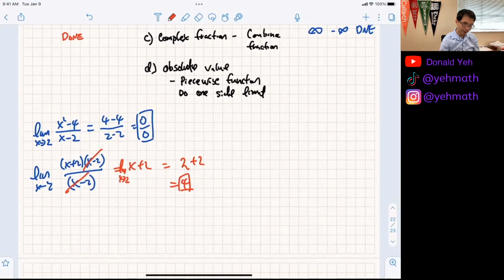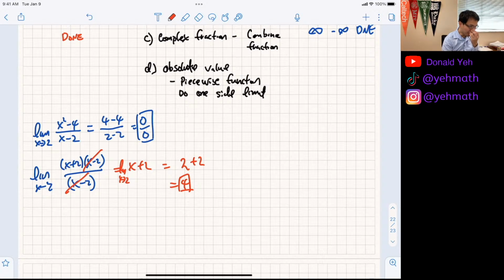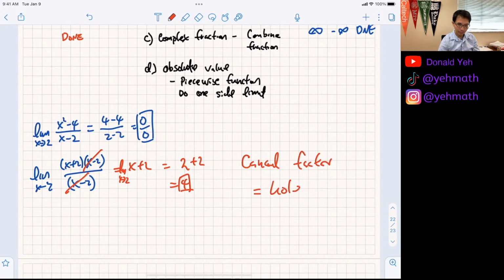So this is the first part. Now, what situation happened here though? In Algebra 2 or pre-calc, you also learned something. If you have a canceled factor, it's going to result in a hole. If you have a canceled factor, you set that equal to 0, that's your hole.